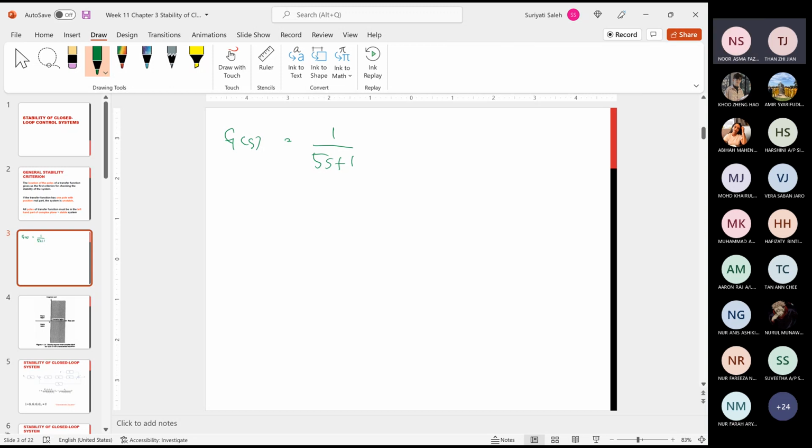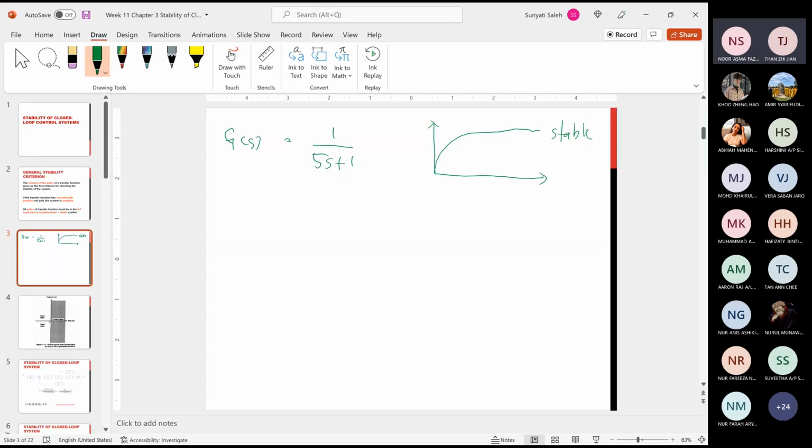Since this is first order, normally you get this kind of response. It will increase and steadily maintain. You will have the steady increment until the process reaches the final value and becomes steady. So this is what we consider stable.